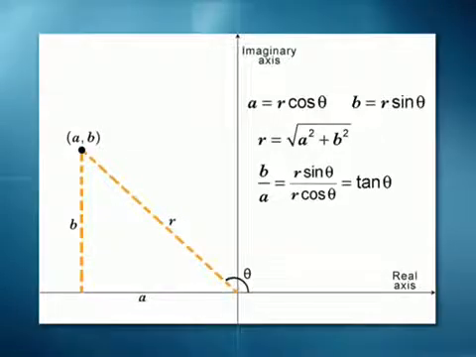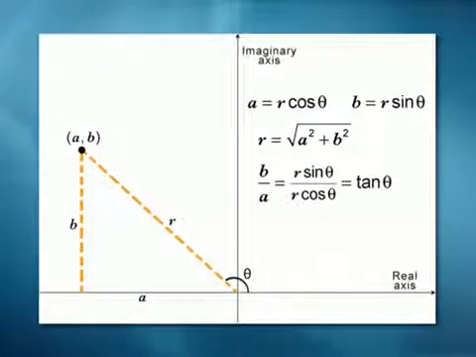So what does all this say? Given this complex number, a plus bi, we can find out its angle theta by solving that equation, tangent theta equals b over a. And we can find the distance from the complex number to the origin by calculating the square root of a squared plus b squared.